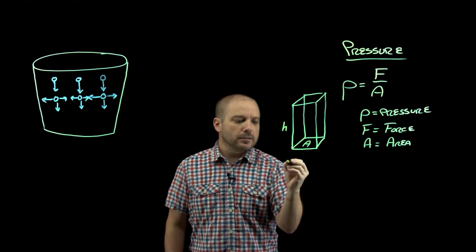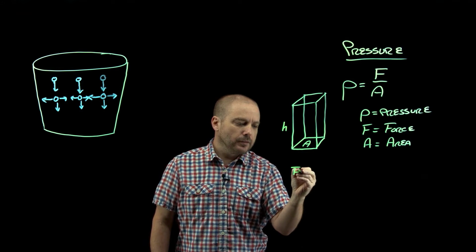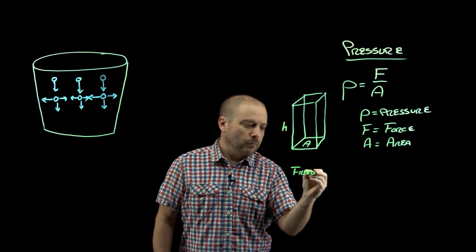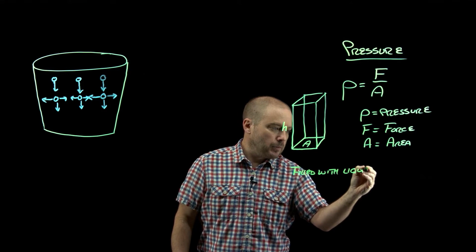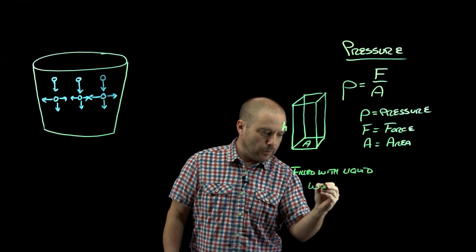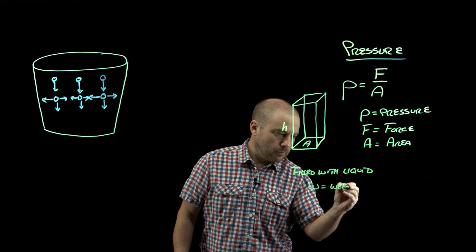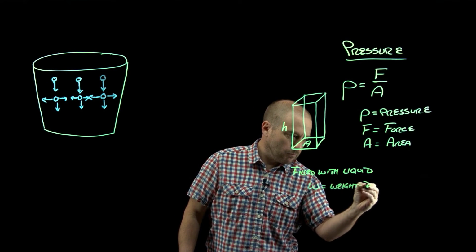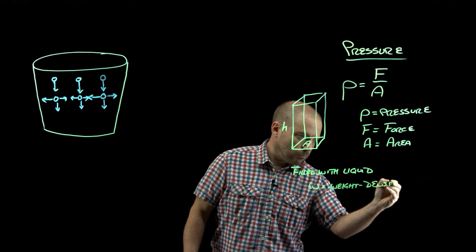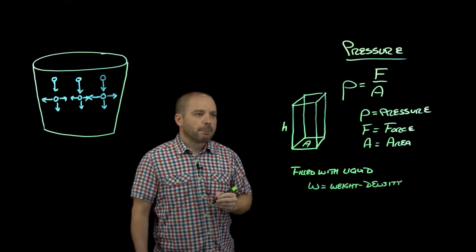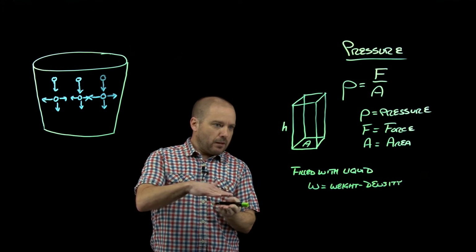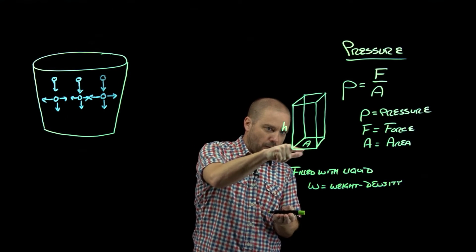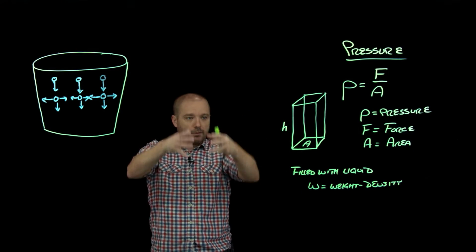And say this is filled with liquid, where W is the weight density. The force on the bottom of that square would simply be the weight of the water above, right?